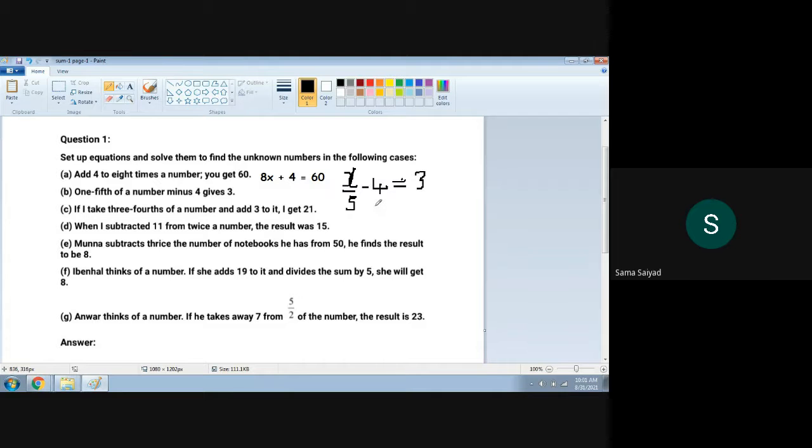If I take 3/4 of a number and add 3 to it, I get 21. If I take 3/4 of a number is x. 3/4 means 3x upon 4. Then add 3 to it. That means 3 is added to it. Then I get 21. My result is 21. Understood? Yes, sir.